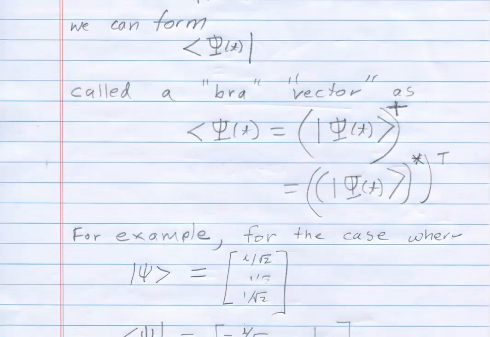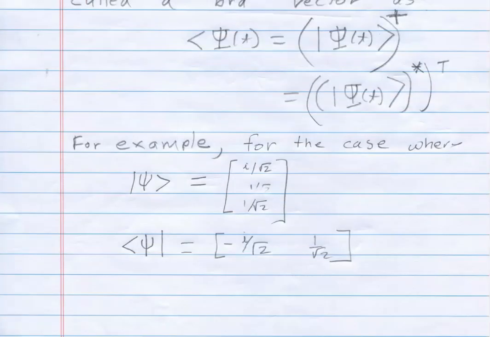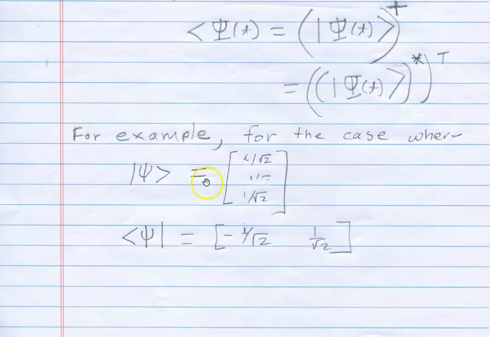For example, if we've got a finite dimensional quantum space, things like spin up and spin down, for instance, then this might be the Ket vector representation of psi. I can take the complex conjugate and then transpose it to get the row representation of the same vector.